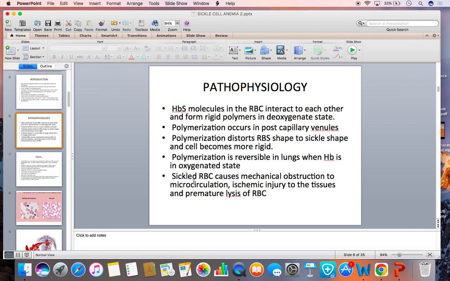Hemoglobin has two beta chains and two alpha chains in adult hemoglobin. Okay. Sickle cell disease is due to the point mutation in the formation of the beta globin chain.